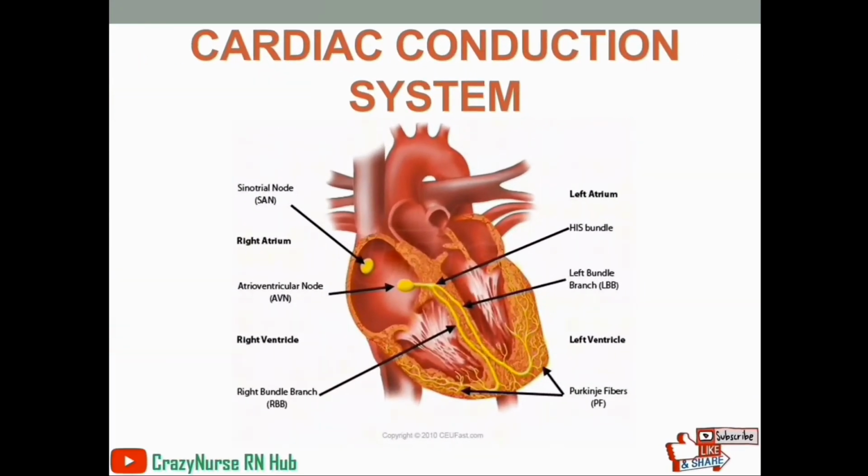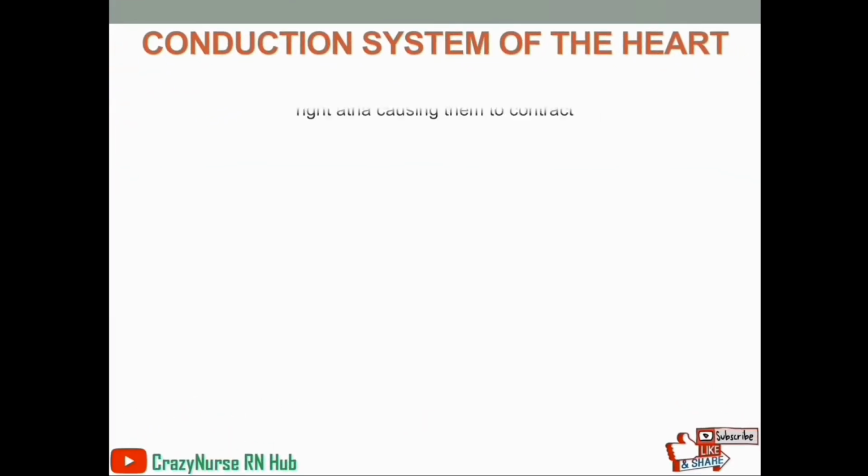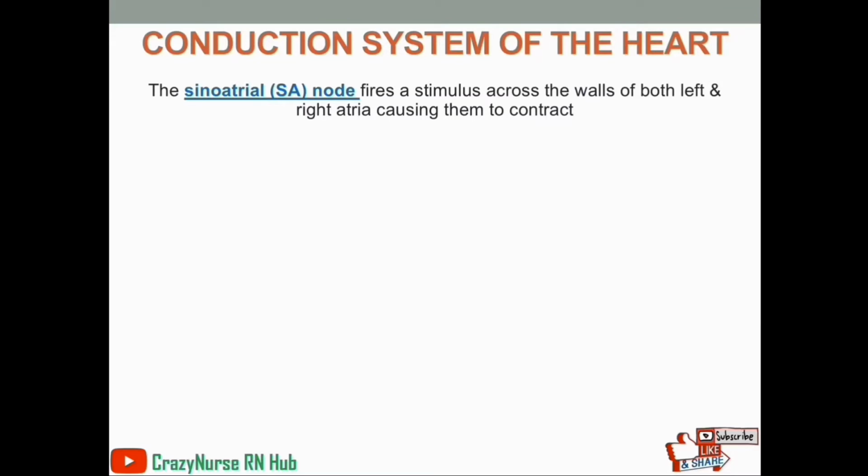Now let's discuss the cardiac conduction system. In your cardiac conduction system, the sinoatrial node, atrioventricular node, bundle of His, left and right bundle branches, and Purkinje fibers are involved. So here is the process of your conduction system of the heart. First, the sinoatrial node, which is known to be the natural pacemaker of the heart, fires a stimulus across the walls of both left and right atria, causing them to contract.